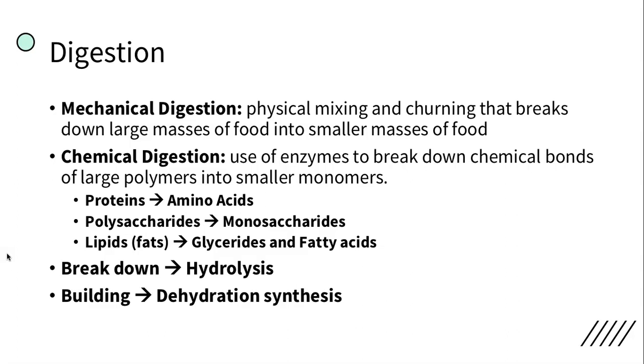So just a little refresher, if you have proteins, those are the polymers, you break those down into the amino acid monomers. If you have polysaccharides, those long chains of sugars, you can break them down into monosaccharides. If you have lipids or fats, you break them down into glycerides and fatty acids. So there's always a glyceride and 3 fatty acids in a lipid, so you break them down into their subunits.